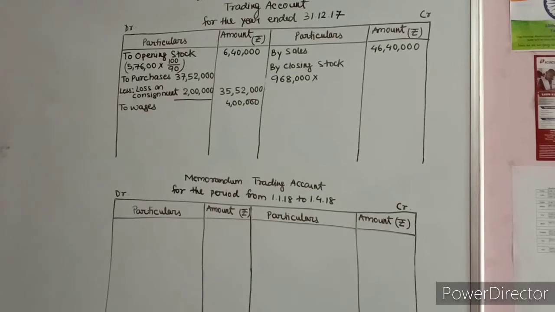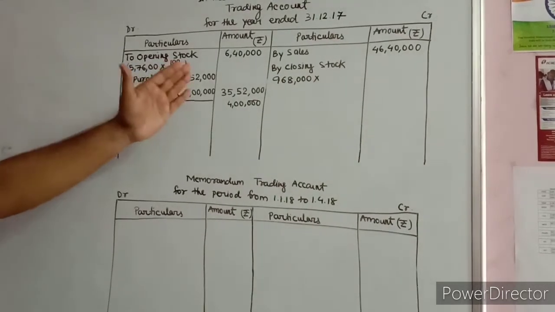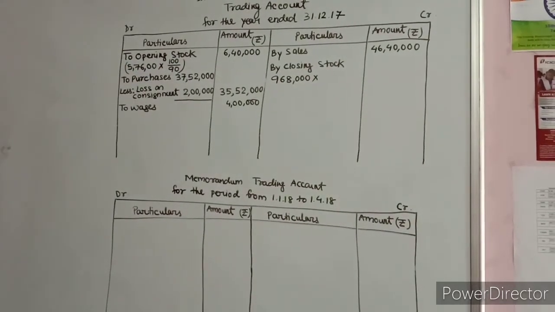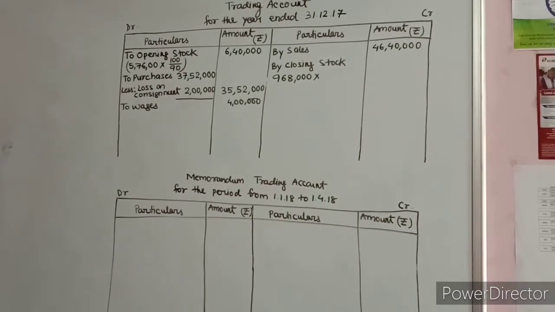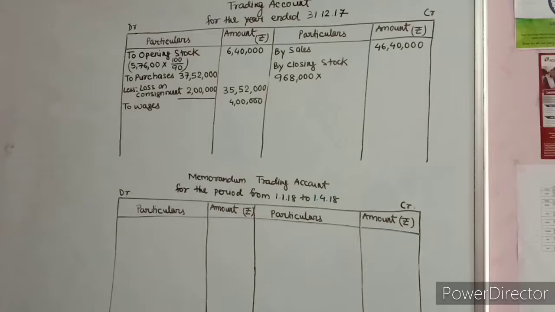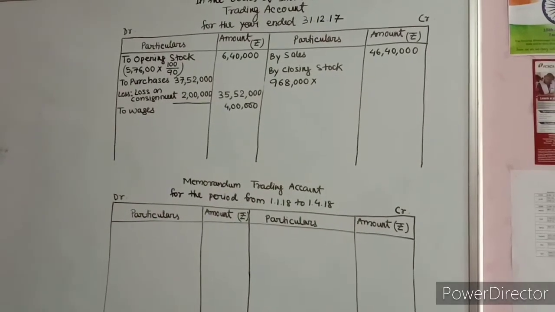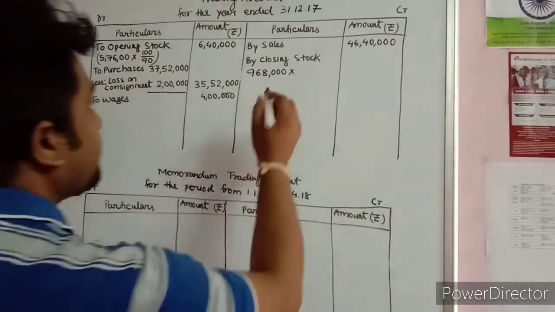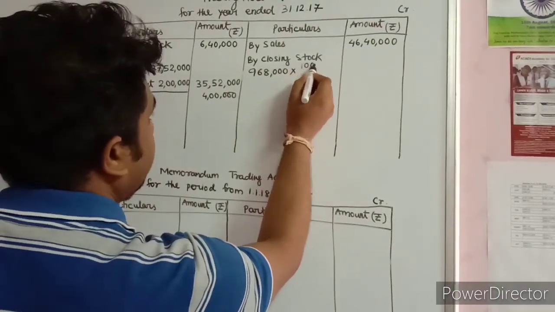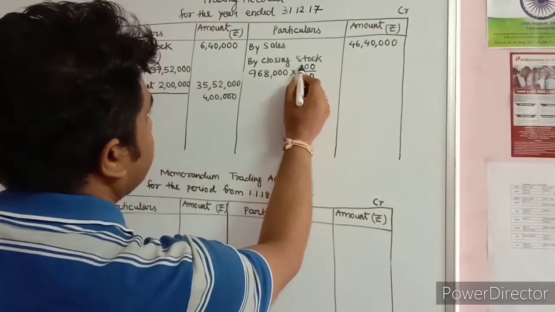And hence, we have to find out the correct value of the opening stock. We have to find out the correct value of the closing stock. Hence, what we will do is that we have to make these adjustments. So 9,68,000 is represented by how much? 110%. But we need the 100%. So into 100 divided by 110.